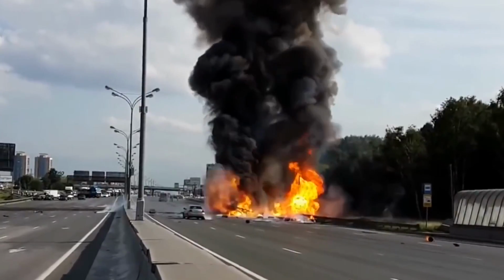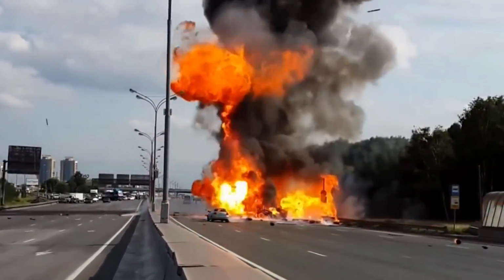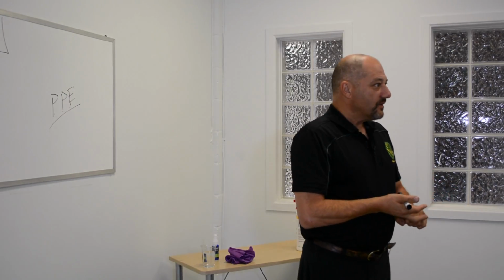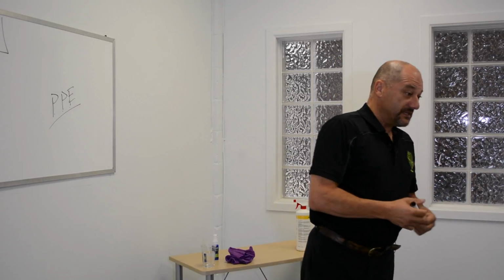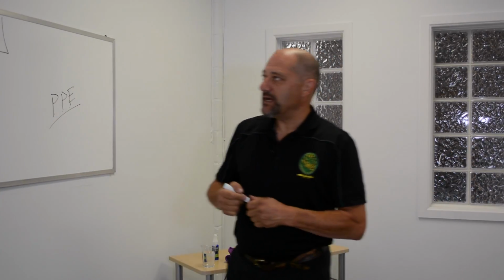We know that if you mix it with other things, like any ammonia-based product, what happens? Boom, right? You mix ammonia with hypochlorite, you create an explosive, potentially very dangerous situation.